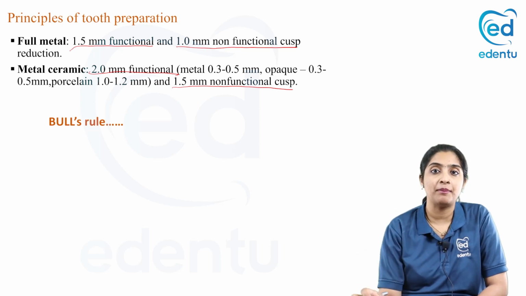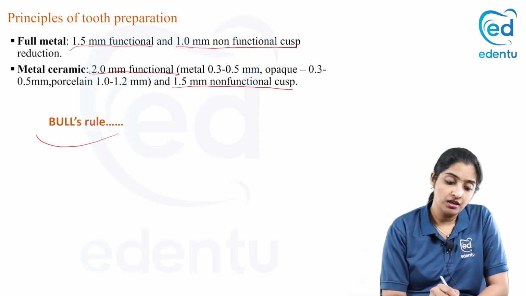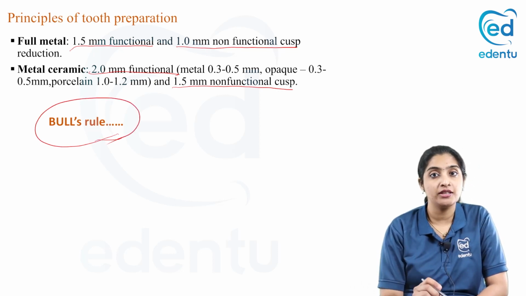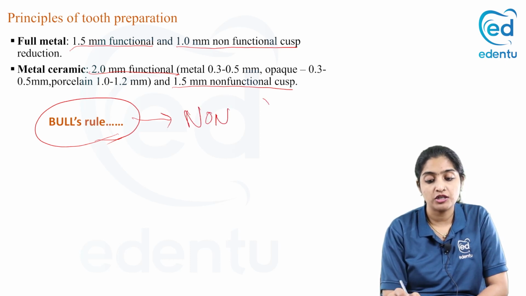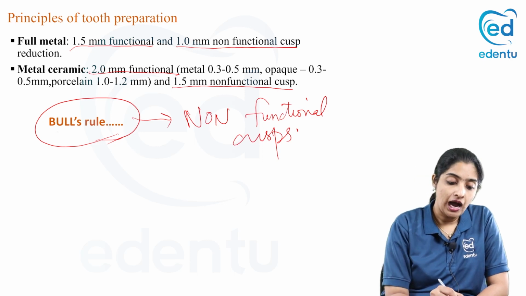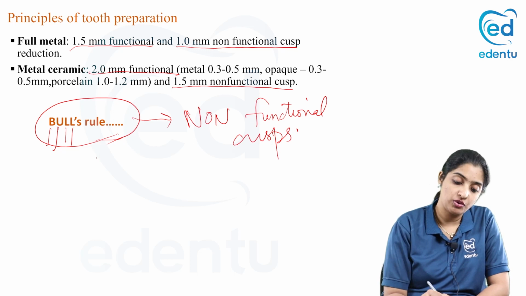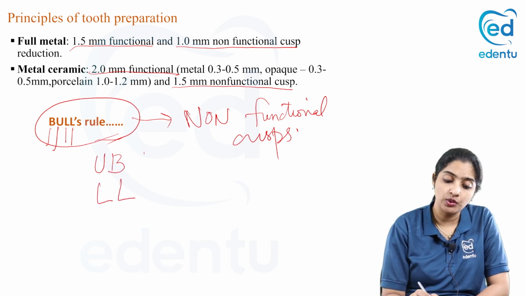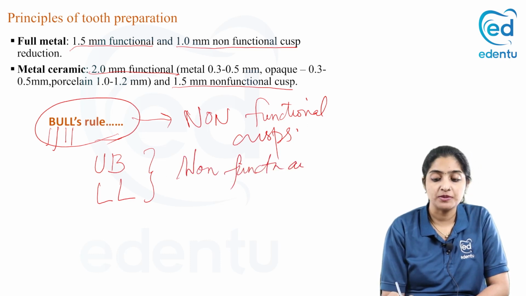To easily remember the functional and non-functional cusps, there is something called the Bull's rule. The Bull's rule does not indicate the functional cusp, rather it indicates the non-functional cusps. It is upper buccal and lower lingual, which are the non-functional cusps.